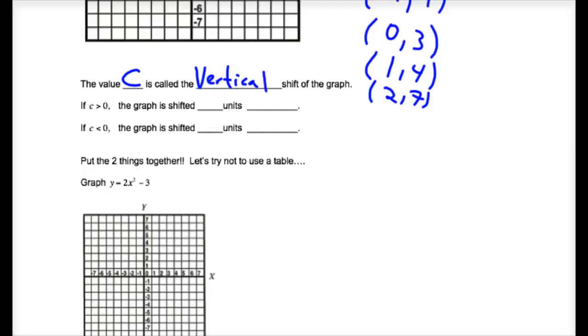If C is greater than 0, what kind of number is greater than 0? Positive. If C is positive, the graph is shifted C units up. And whatever that value of C is, that's how many units it's going to go up. If C is less than 0, the graph is shifted C units down.